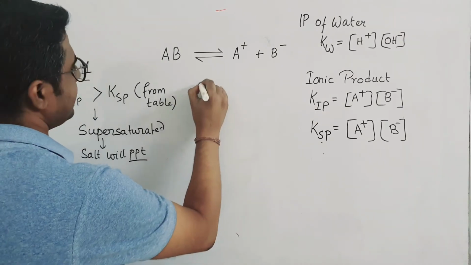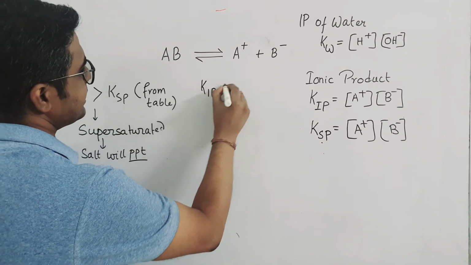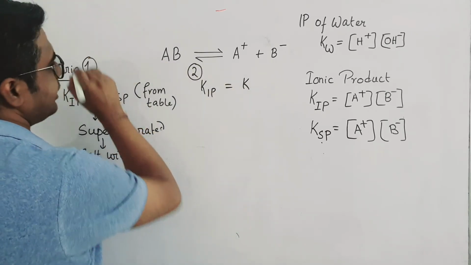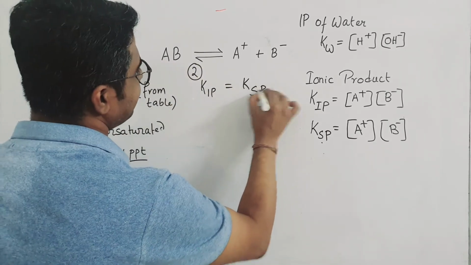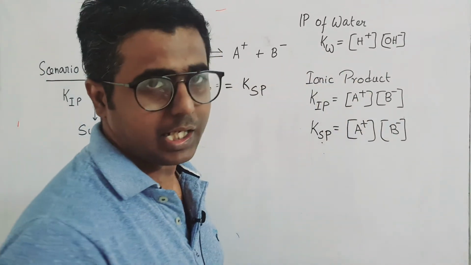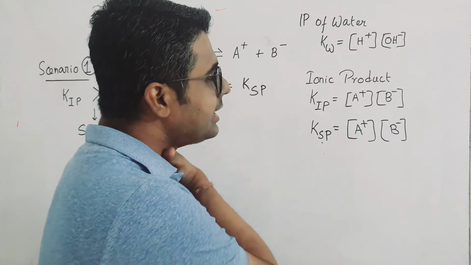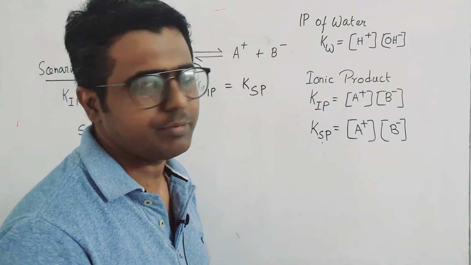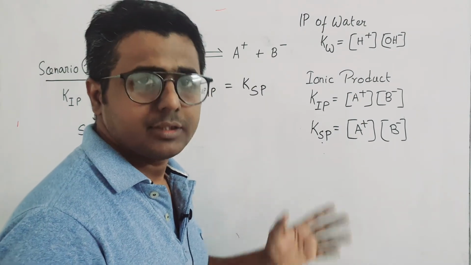Next, this is scenario 2: KIP is equal to KSP. What does this mean? That means the ions formed at this moment are exactly equal to the ions that should have been formed in the equilibrium condition.